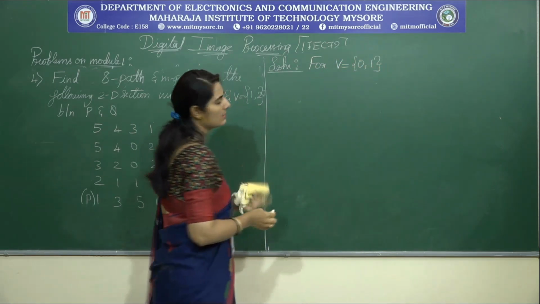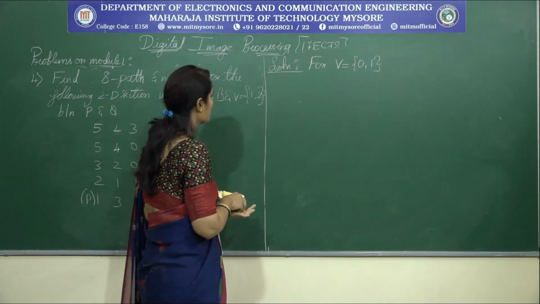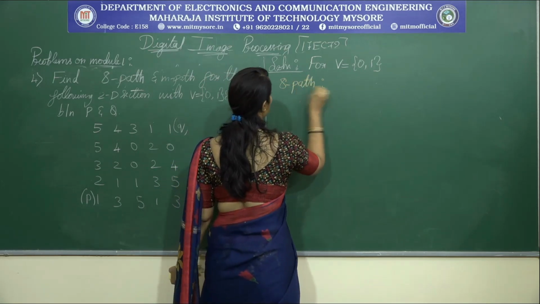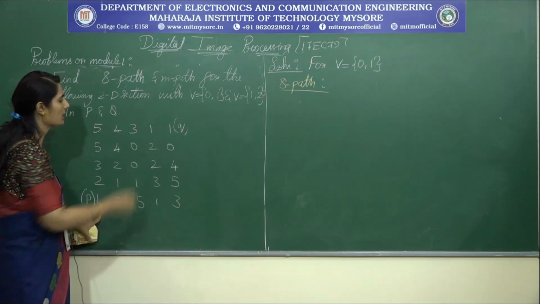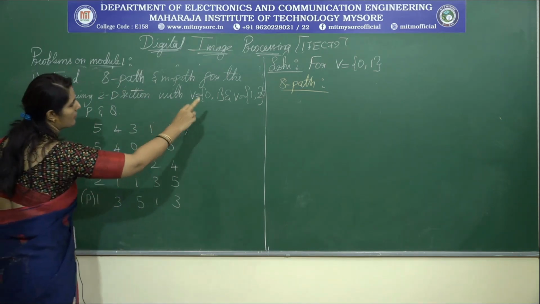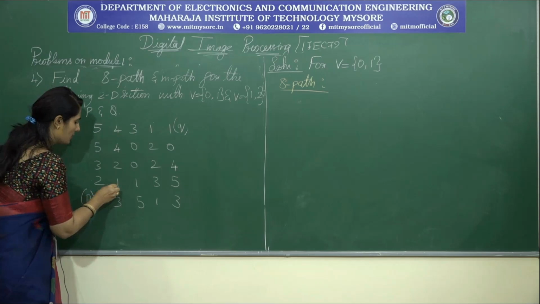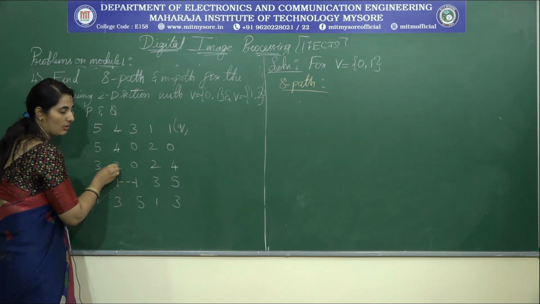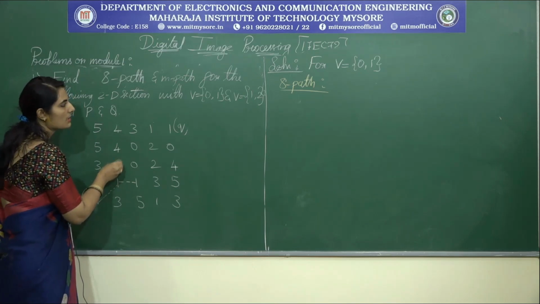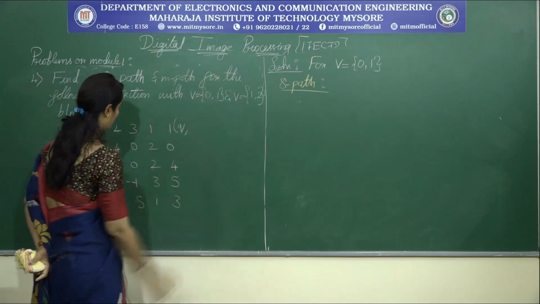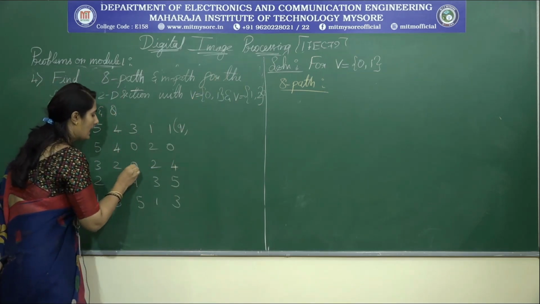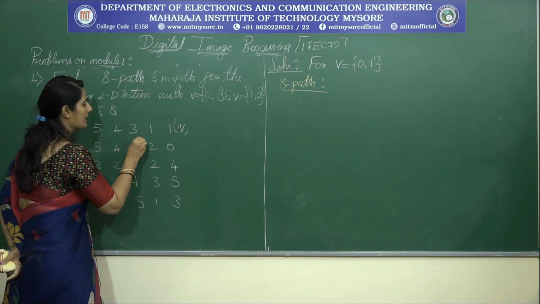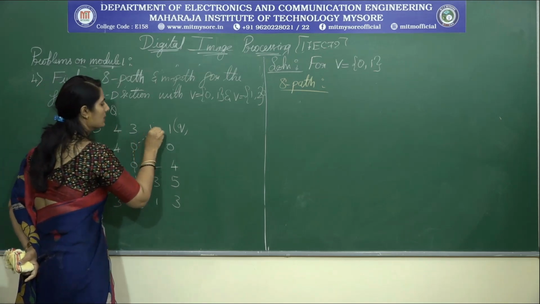Okay. So now for this case, let me find out the 8 path. So between P and Q I need to find out the 8 path. Here for 0 and 1, from 1 to 1 I can take this path, and again from 1 to 1 I can take this path, because here I cannot go for this path because 2 is not there in this set V. Again I can take this path and this 4 path, and here I can take 8 path, diagonal path, and this path.